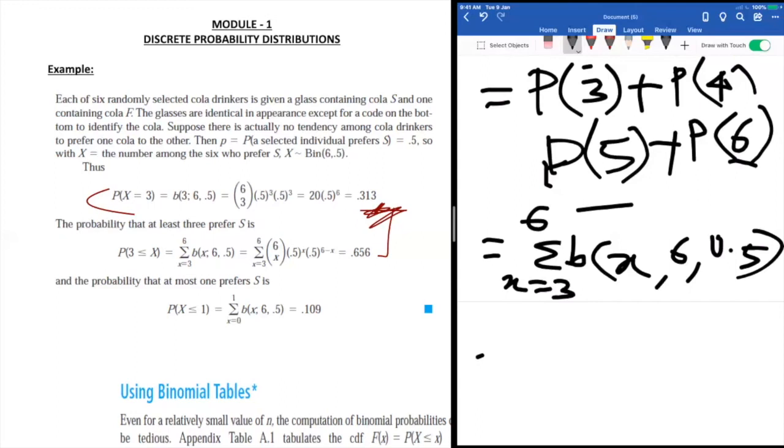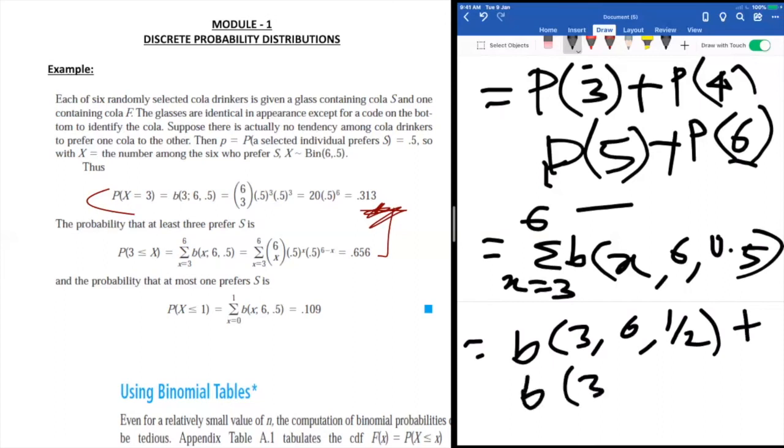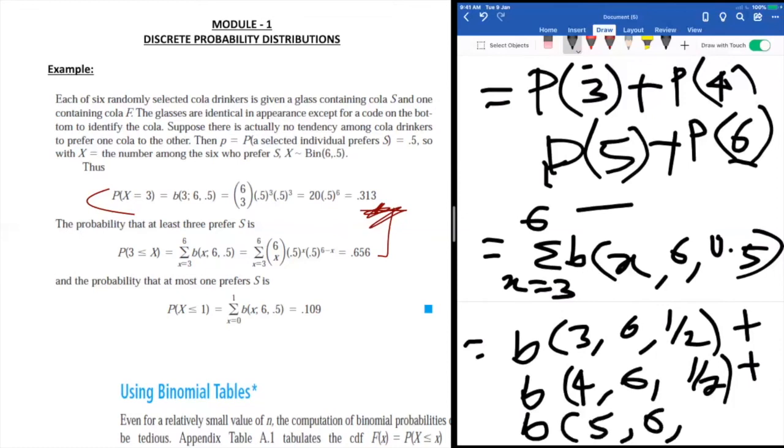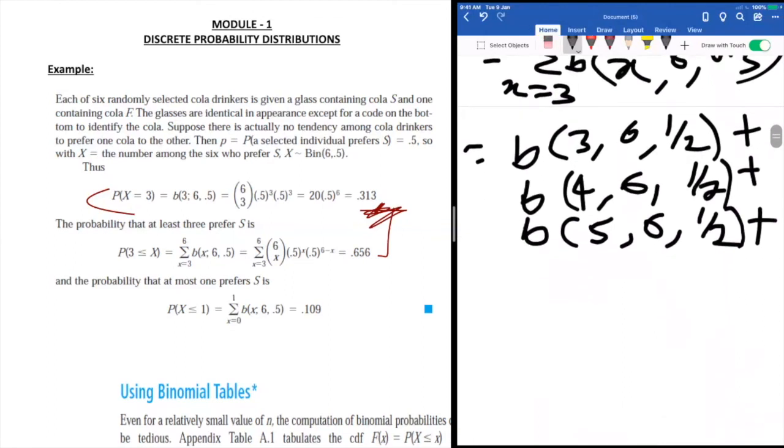Which is equal to binomial of 3, 6, 1 by 2, plus binomial of 4, 6, 1 by 2, plus binomial of 5, 6, 1 by 2, plus binomial of 6, 6, 1 by 2.